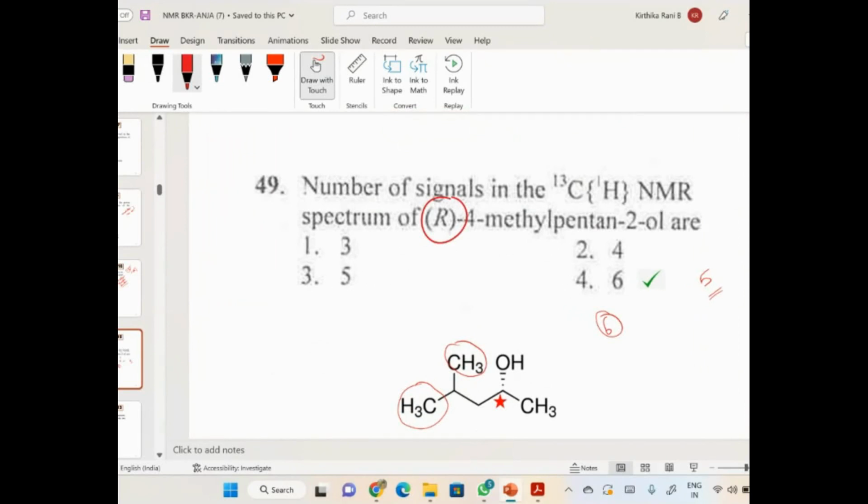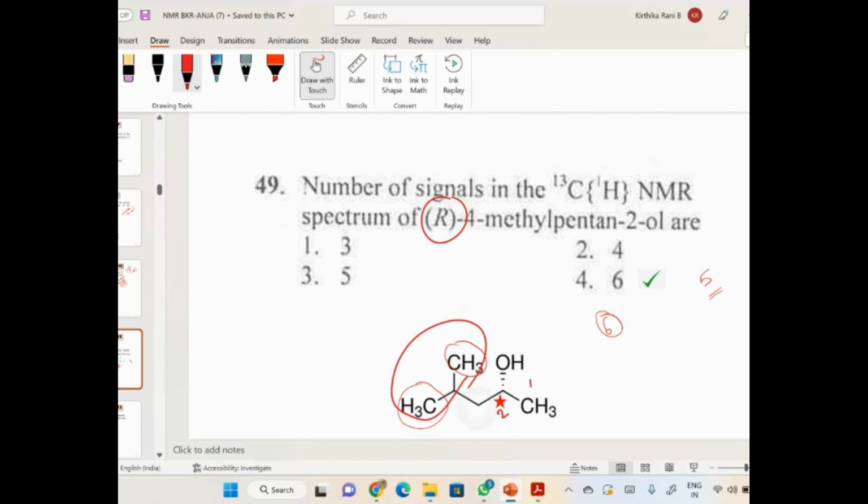It is a chiral center, is it not? So when I talk about a chiral center, what will happen to the geminal methyl groups? They'll become chemically non-equivalent. They'll become what kind of methyl groups? Diastereotopic.